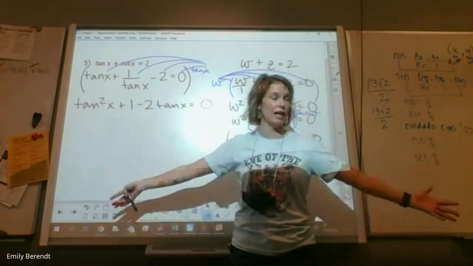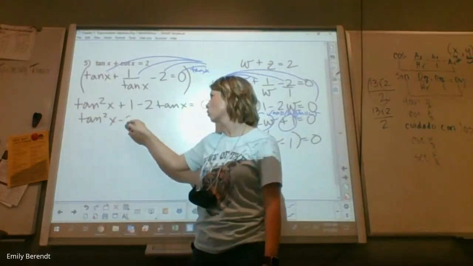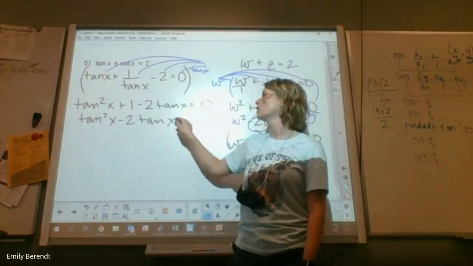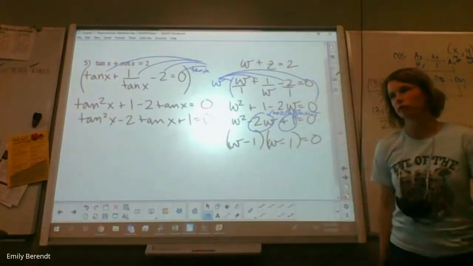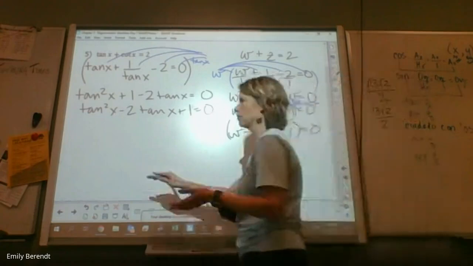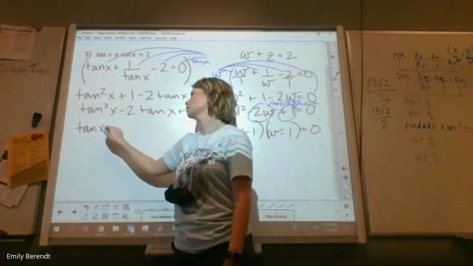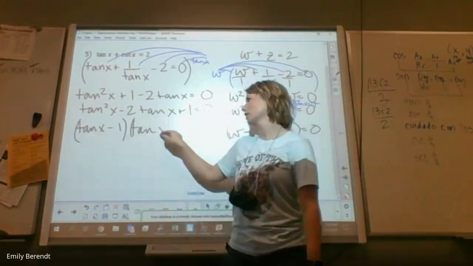So we got rid of the fractions. That's good. We rearrange our terms so they're in descending order. And if you can factor with W's, you can factor with tangents. So instead of W minus 1 and W minus 1, we're going to have tangent of x minus 1 times tangent of x minus 1.